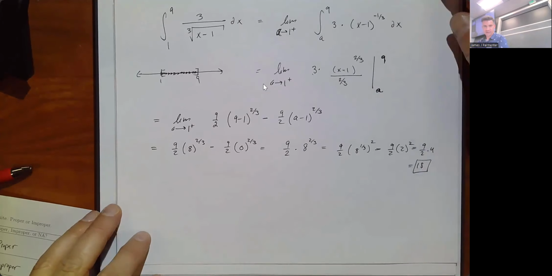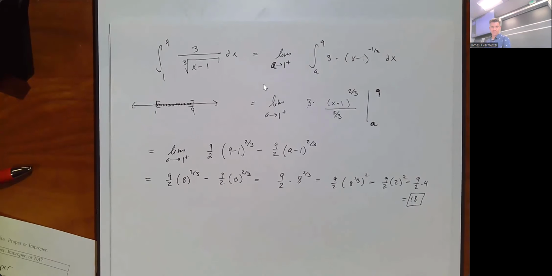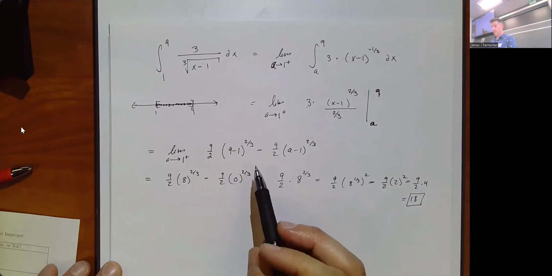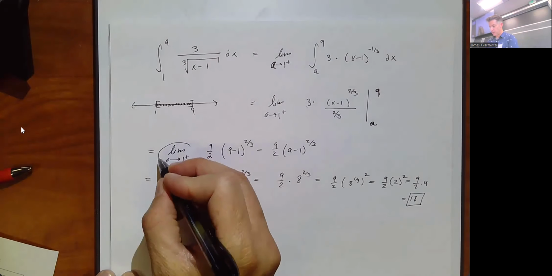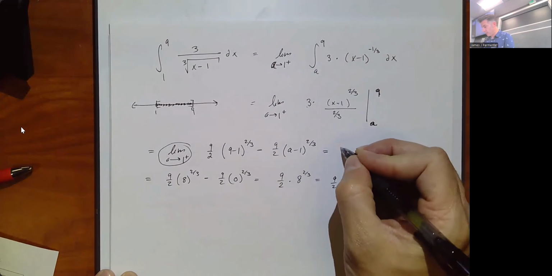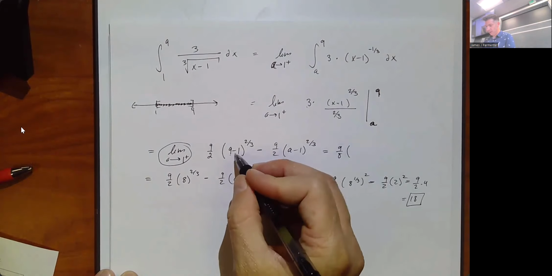Yes, what's your question? On the second part of the equation, it's 9/2 to the 8 and then minus 9/2 to the 0. How come it became 0? So it's 9/2 times 8 to the 2/3 minus 9/2 times... What I did was I'm taking the limit. Let me show one more step here. If I actually take the limit, I'm getting 9/2 times 9 minus 1 is 8.